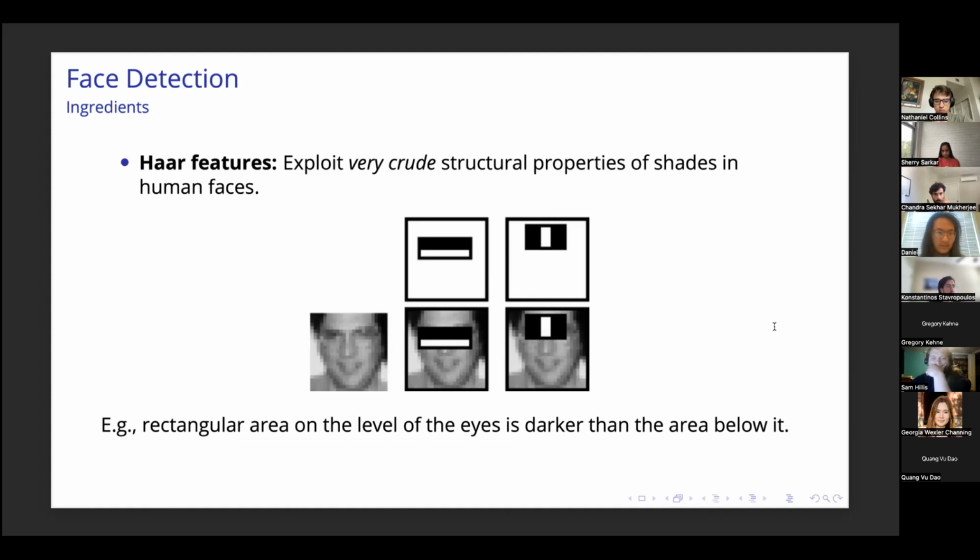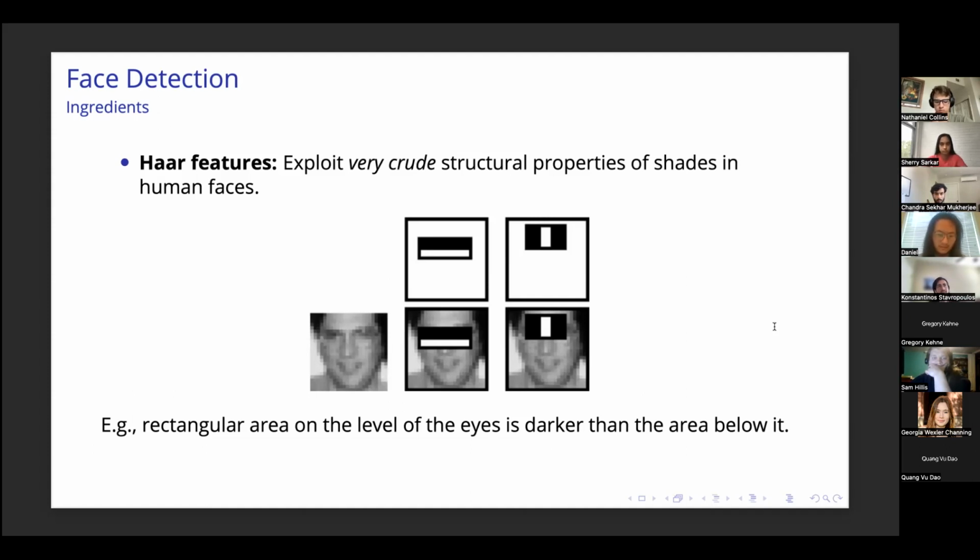Okay, so this is very crude, and if you had just one value that said, okay, this is consistent with the belief that this is eyes and the area below the eyes, then that would not be a good classifier.